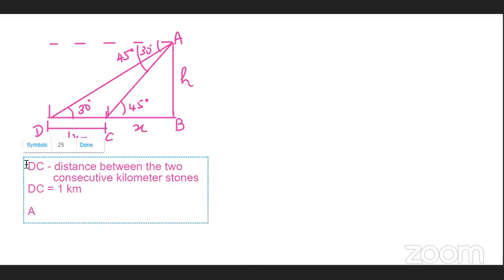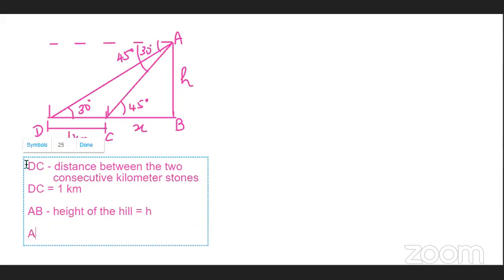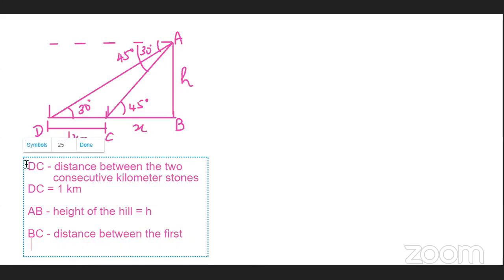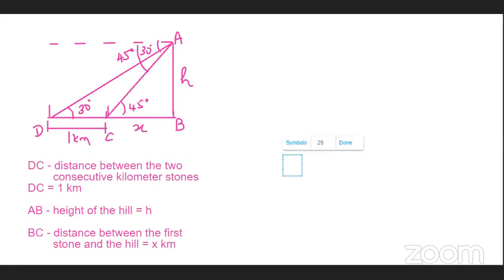Then AB is the height of the hill, which is H. And BC is the distance between the hill and the second stone, which is x kilometer.